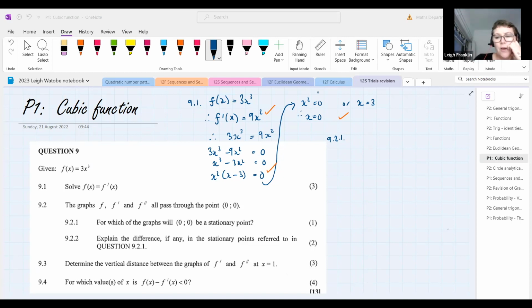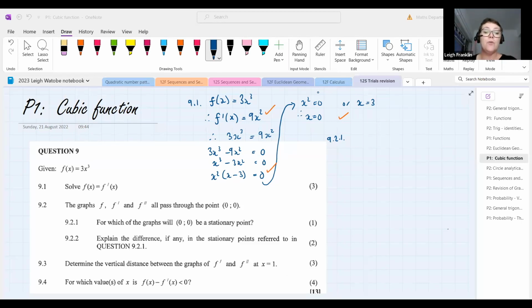And f double prime is the graph of the second derivative, which happens to be linear. So we've got the graph of f, our original cubic function, our graph of the first derivative and our graph of the second derivative, and they all pass through the origin.